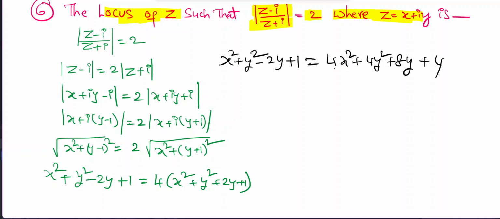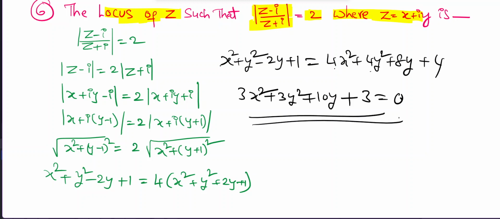Here 4x square minus x square is 3x square, 4y square minus y square is 3y square, 8y plus 2y is 10y, and 4 minus 1 is plus 3, equal to 0. This is the locus of z.